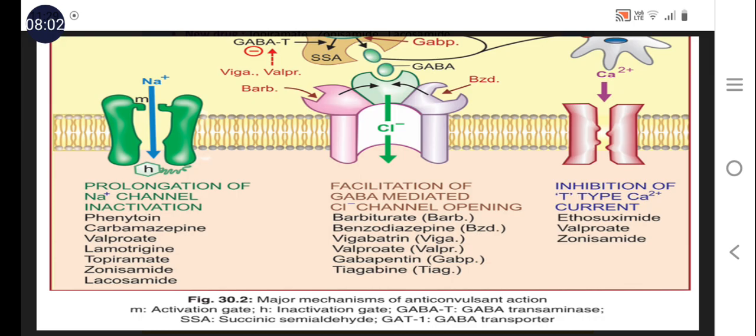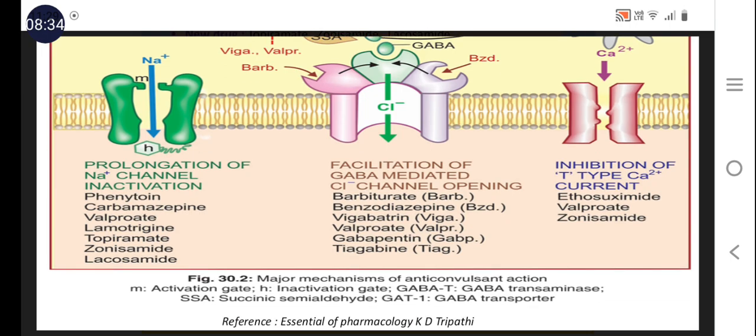Barbiturate and benzodiazepine both act on the allosteric site of the GABA A receptor. GABA A receptor is a ligand gated channel. Barbiturates bind on the alpha beta interface, and benzodiazepines bind on the alpha gamma interface of that receptor, and they facilitate or mimic the action of the inhibitory neurotransmitter, that is GABA.